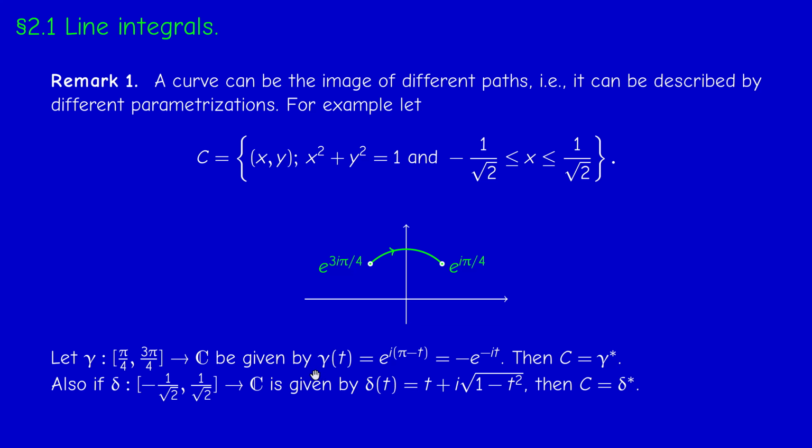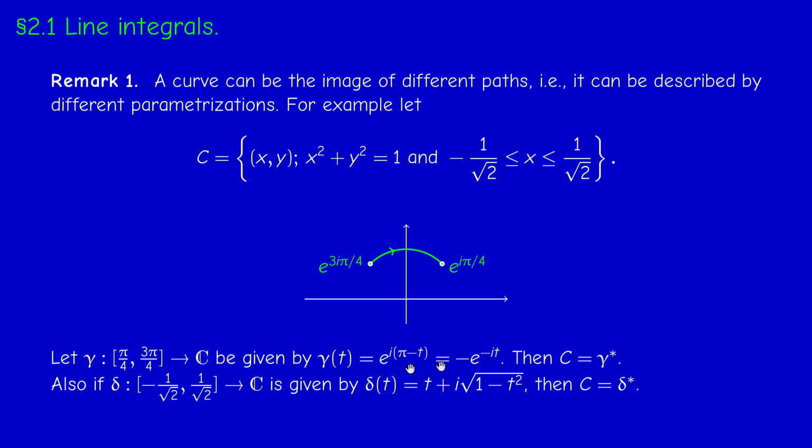Now, another parameterization, because this is the graph of a function. On the circle x² + y² = 1, if y is positive, then necessarily y equals √(1 - x²). So the first component is t, the second component is √(1 - t²). Observe that we also start from this point to this point, so they have the same orientation.